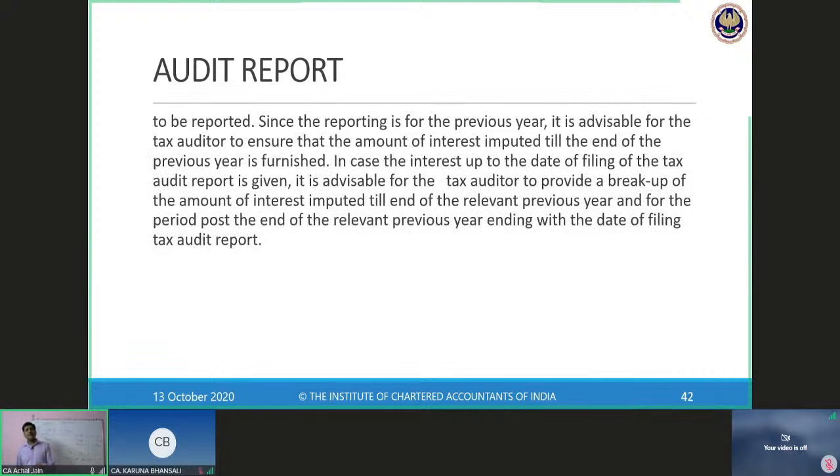Now, since the reporting is for the previous year, it is advisable for the tax auditor to ensure that the amount of interest imputed till the end of the previous year is furnished.